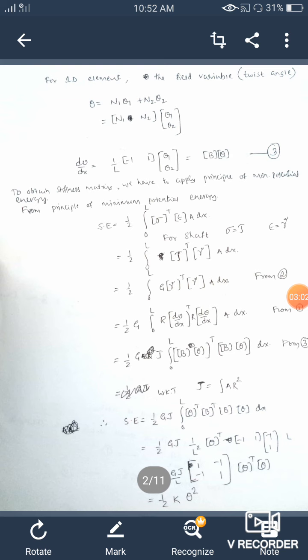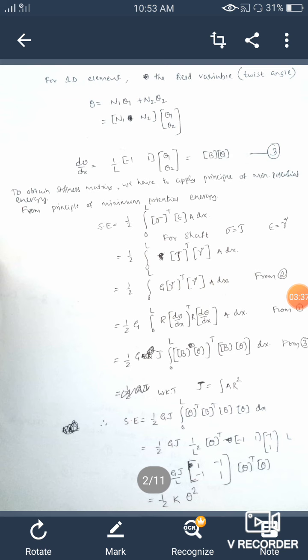So we can write theta equal to N1 theta 1 plus N2 theta 2, where N1 and N2 are the shape functions. This can be written as N1 N2 times the column matrix theta 1, theta 2. If you differentiate, d theta by dx equals 1 by L times minus 1, 1 times theta 1, theta 2, that is equal to B times theta. B is the transformation matrix.